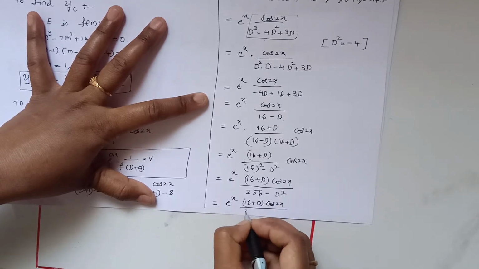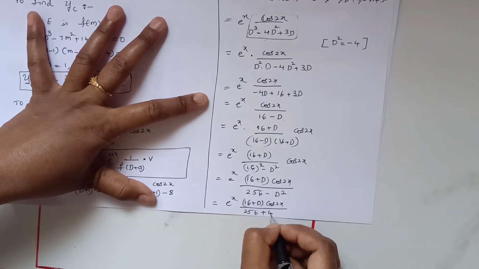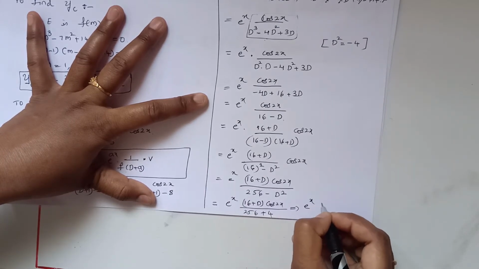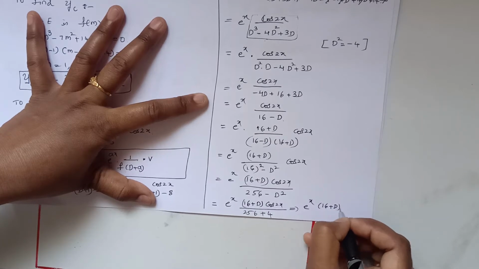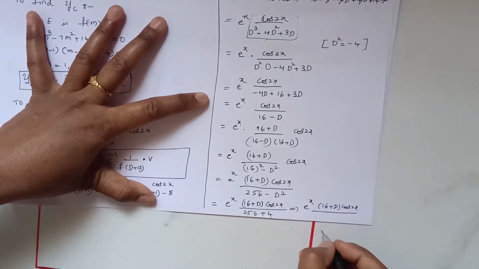Again in place of D square we substitute minus 4, minus of minus plus 36, which implies e power x (16 minus 3D) cos 2x by 292.